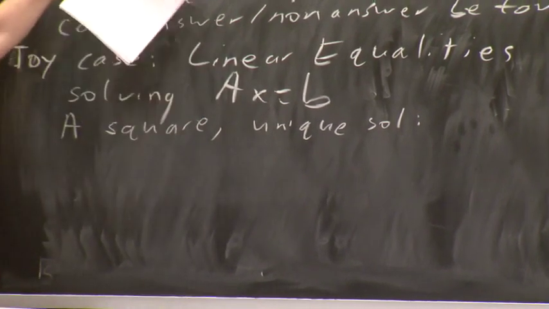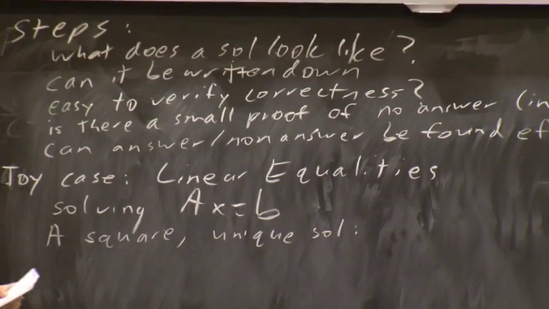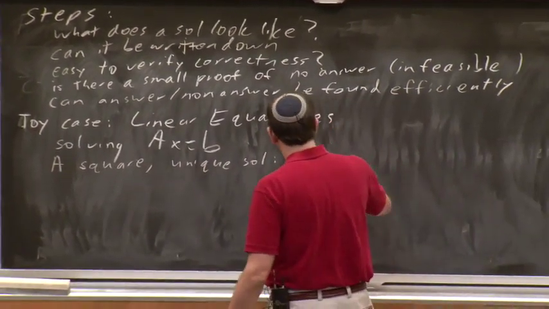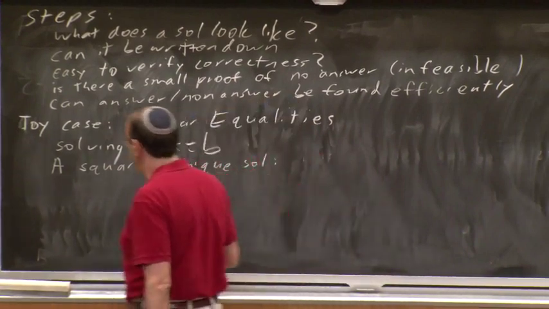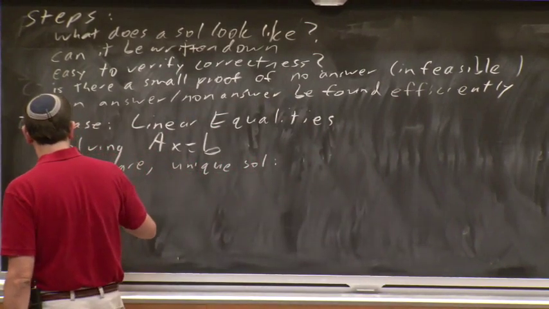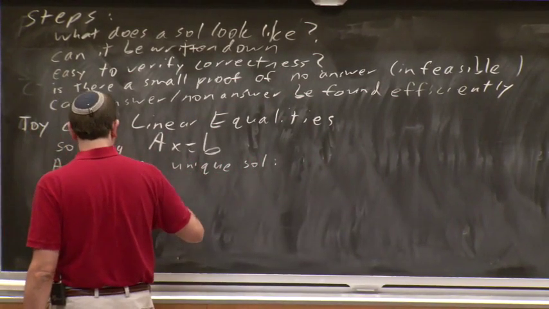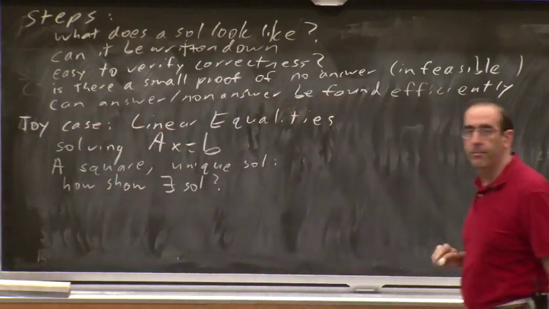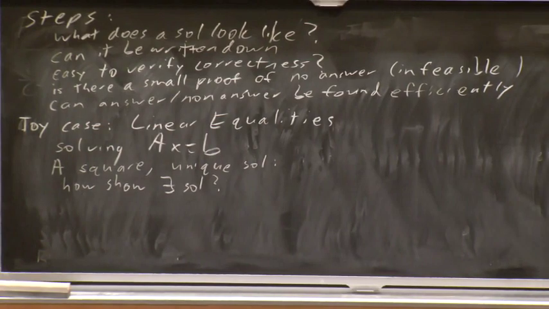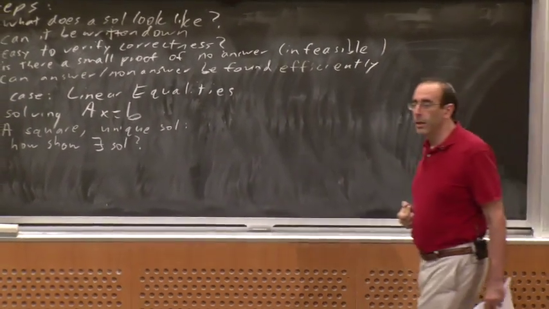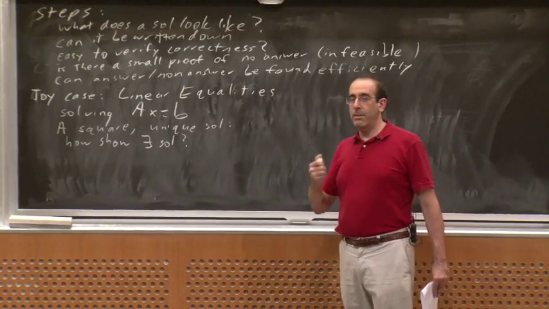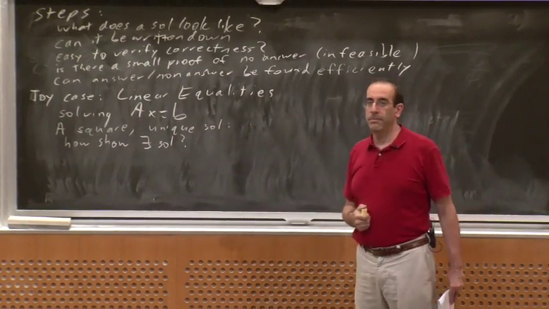But let's work through things in this process. How do we demonstrate that there is a solution? How do we show that there exists a solution? Yeah? I didn't say how do we find the solution. That's too hard. How do we demonstrate that there is a solution?